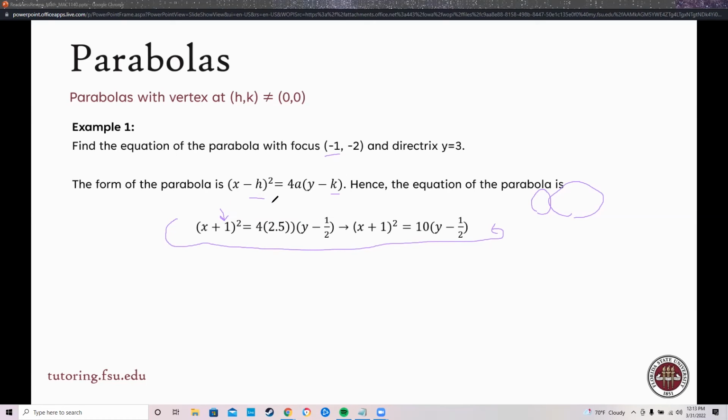For k, now that I'm doing k plus p, I get k is now equal to 1/2. Well, this thing right here is k plus p.